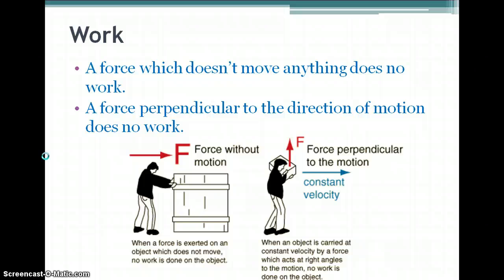The other thing that's a little bit tricky is that the force has to be in the same direction as the displacement, and that reflects back to that cosine theta I had on the last slide. So like my little picture here, if you're carrying a box and you're moving at a constant speed, and they use constant velocity here to show no acceleration, that means there's no net force in the x direction, but the force that you have is to keep the box up.